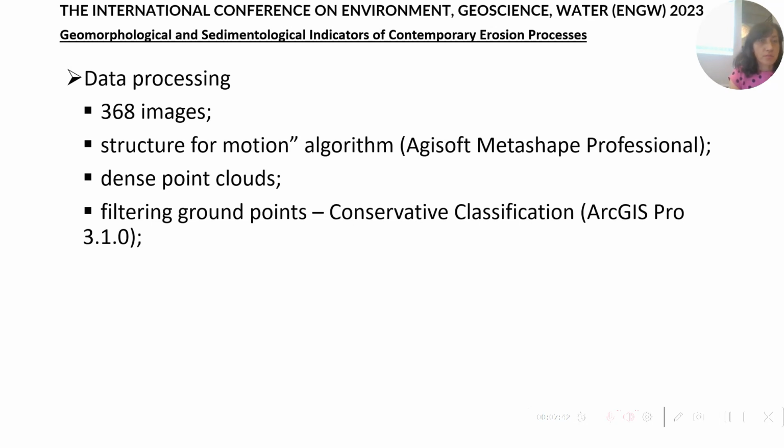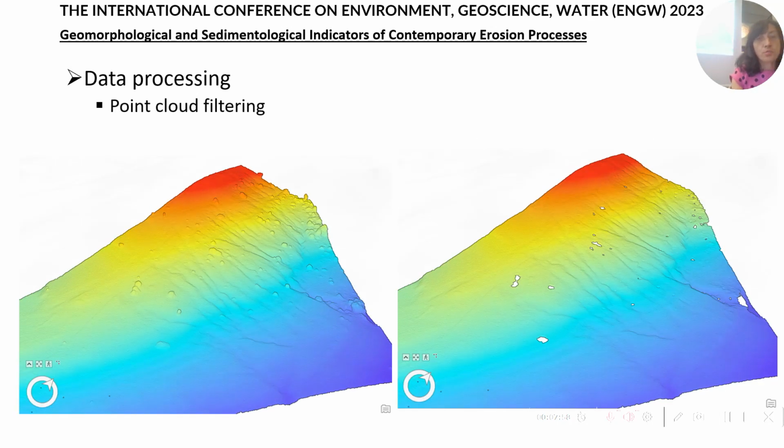We used the structure from motion algorithm in Agisoft Metashape Professional software, and as a result we received dense point clouds. These dense point clouds were filtered further to receive ground points.